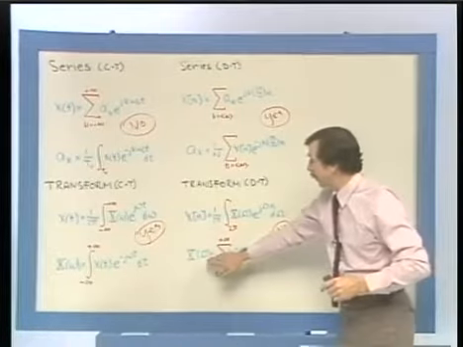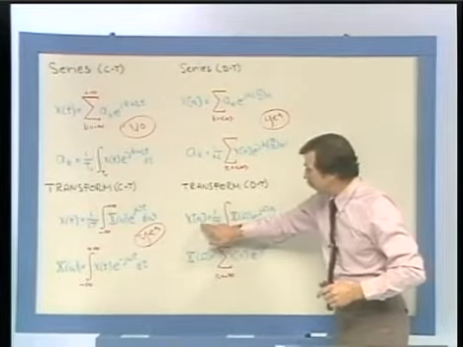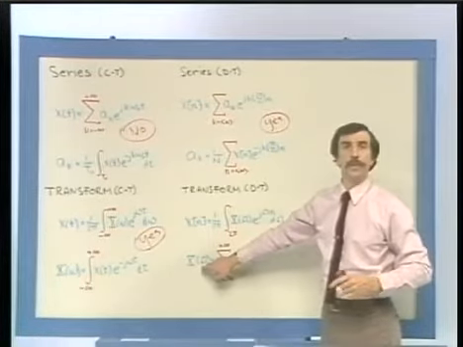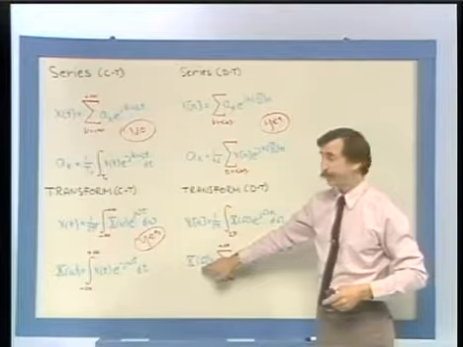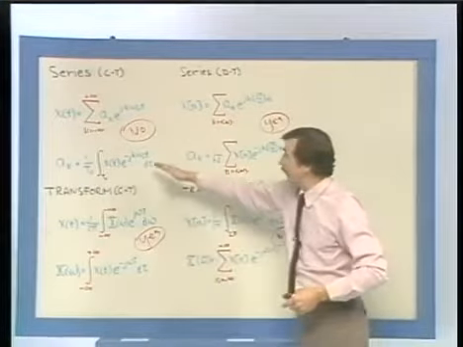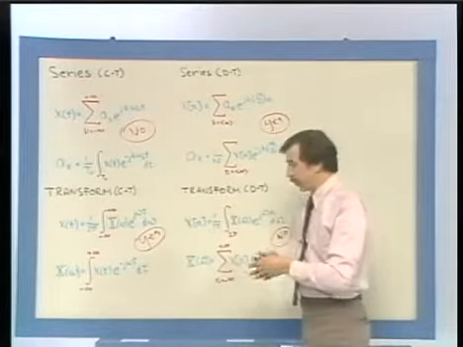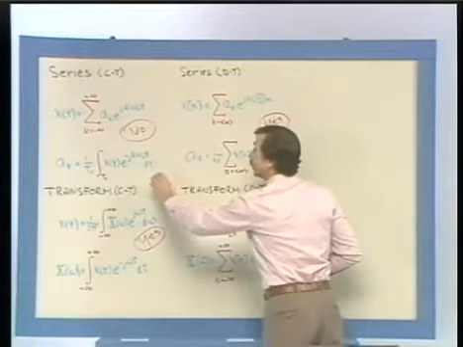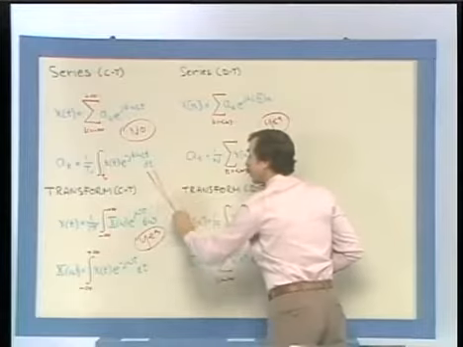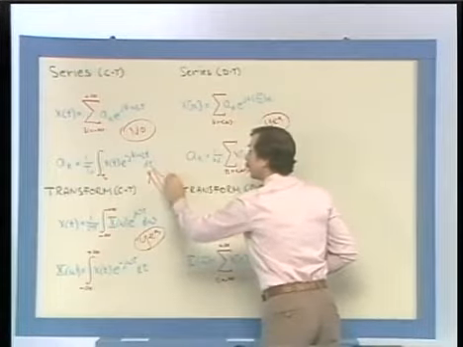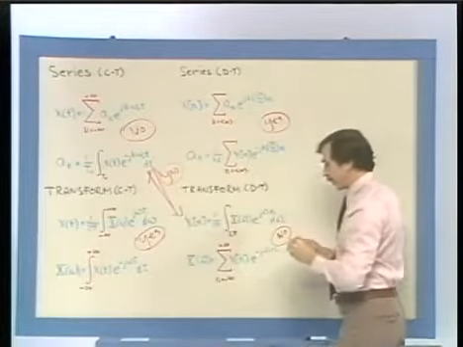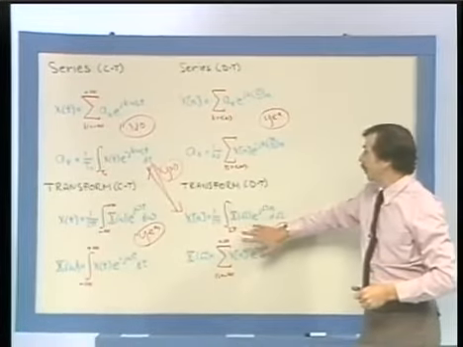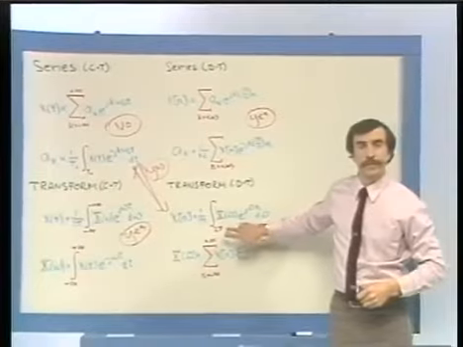So we have a periodic function in one domain and an aperiodic sequence in the other, and if you look at the relationship between these two, what we see is a duality between the continuous time Fourier series and the discrete time Fourier transform.